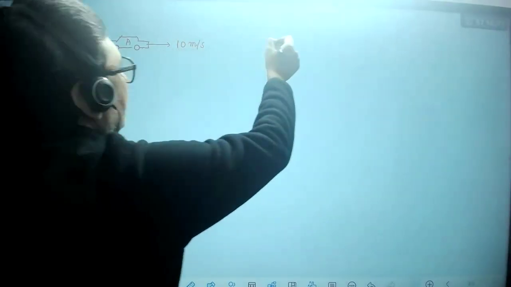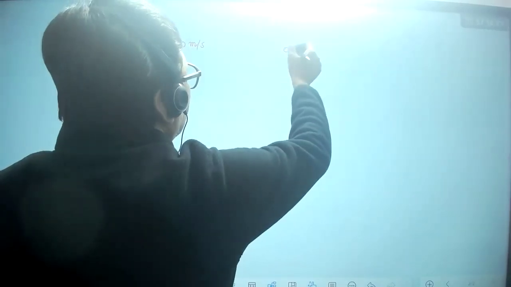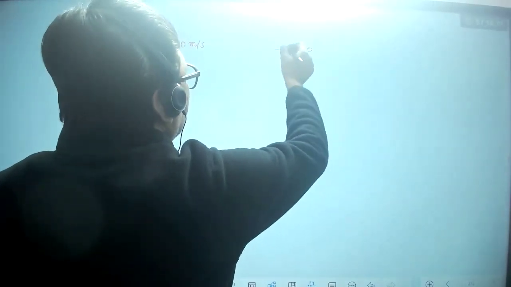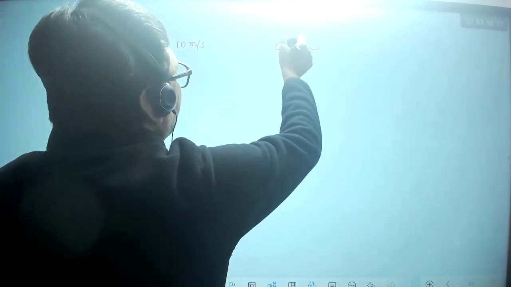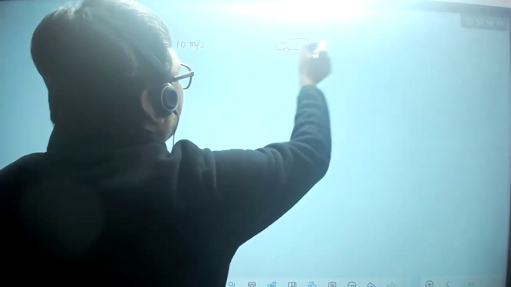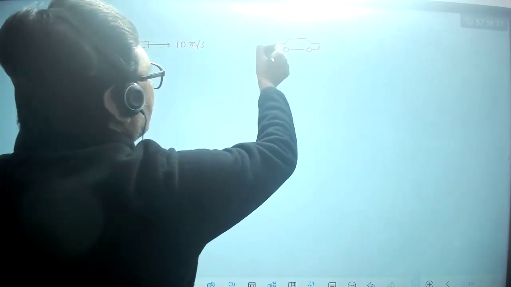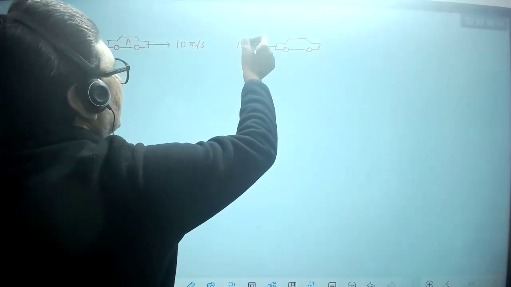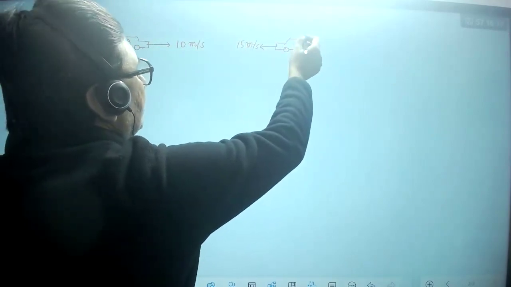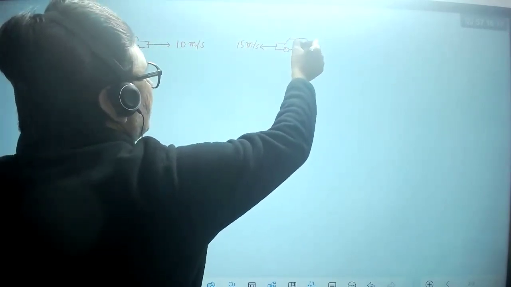The second car is this, and this car is moving in this direction. Suppose this is 15 meter per second.